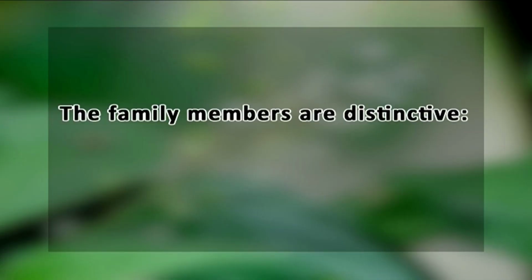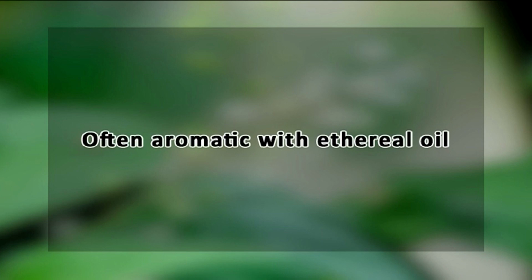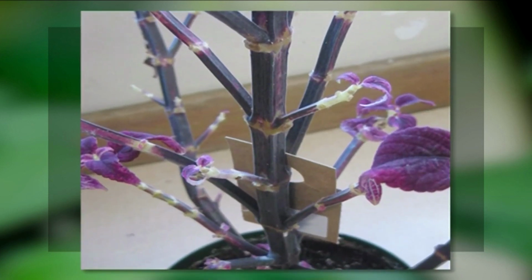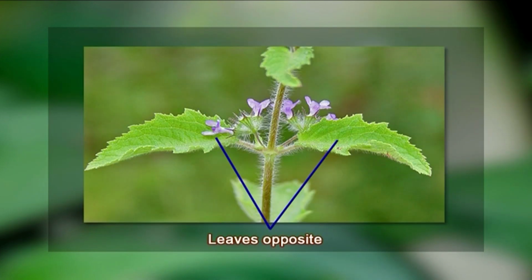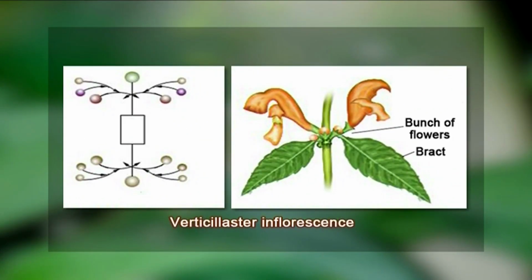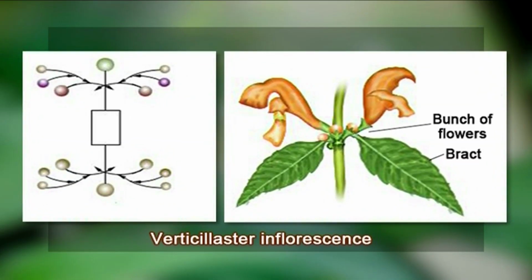The members are distinctive in being either herbs or shrubs. They are often aromatic with ethereal oils. They also have stems which are four-sided. The leaves are opposite and the inflorescence is characteristically a type called verticillaster.